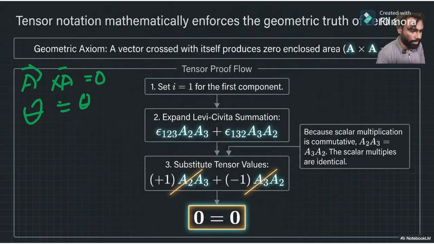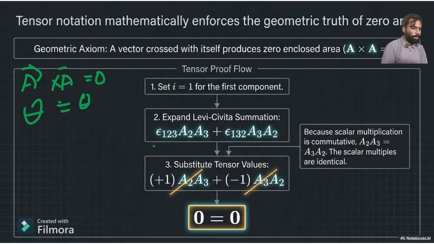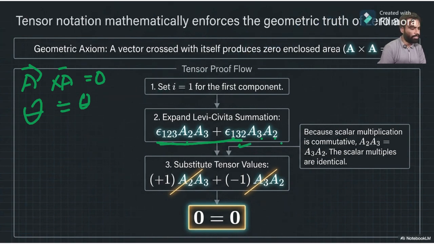But in another way, you can use the Levi-Civita symbol: the terms will be epsilon 1 2 3 a2 a3 and epsilon 1 3 2 a3 a2. Now look at this, a2 a3 and a3 a2 are the same, and one is forward cyclic and the other is reverse cyclic, so the reverse cyclic will give you the minus, so the result will be just 0.